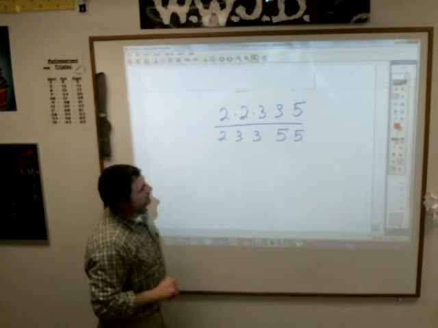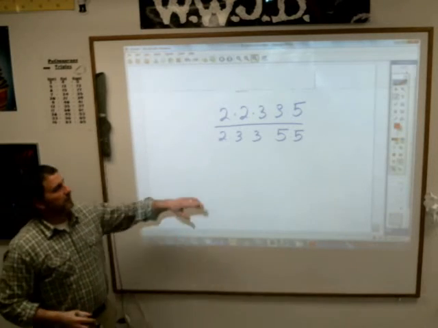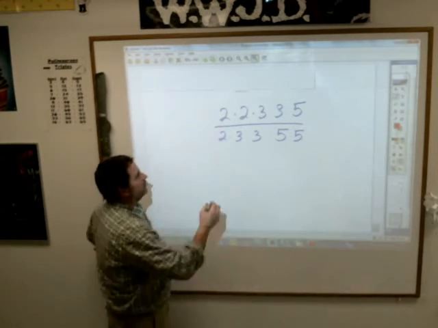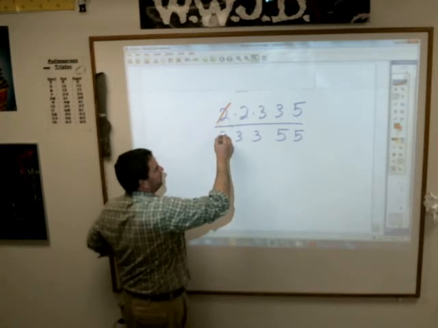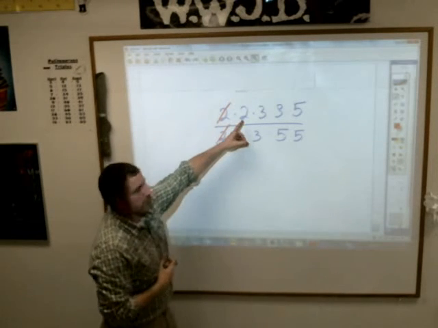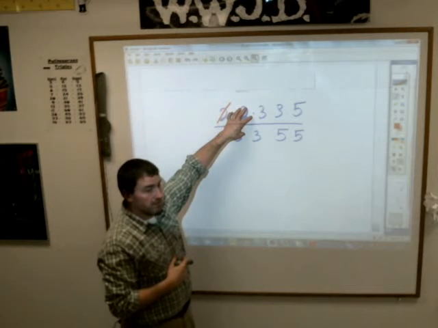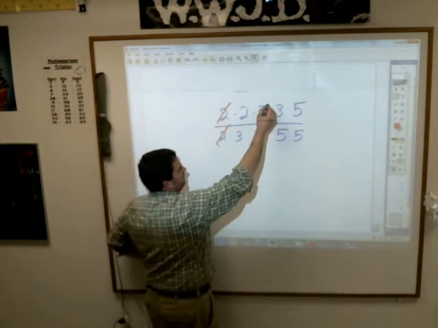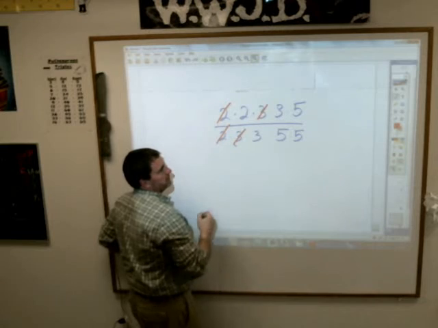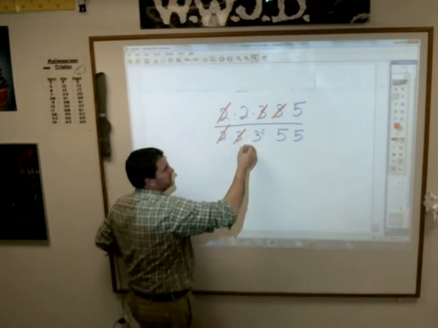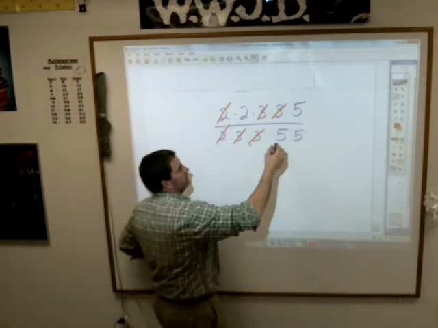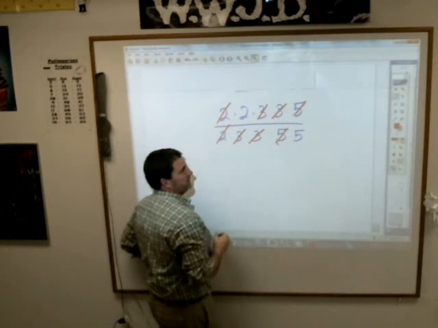Big money. So here's the deal with this. If there's a 2 on top and a 2 on bottom, 1 for 1, you can cross it off. This crosses off with that. This 2, there's no other 2, another second 2 on the bottom, so it has to stay. Okay? There's a 3 on top that crosses off with a 3 on the bottom. A second 3 on top with a second 3 on the bottom. 1, 5 with 1, 5.